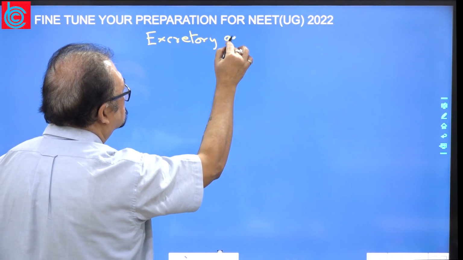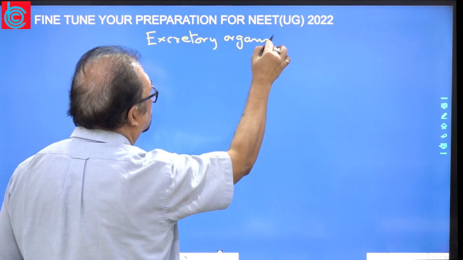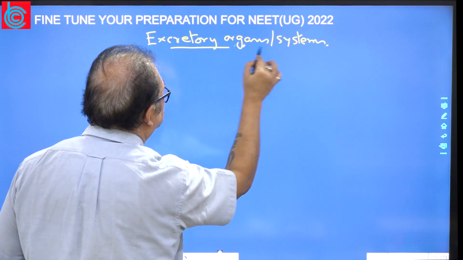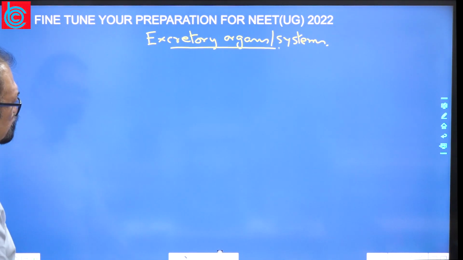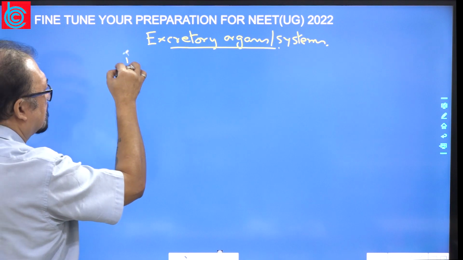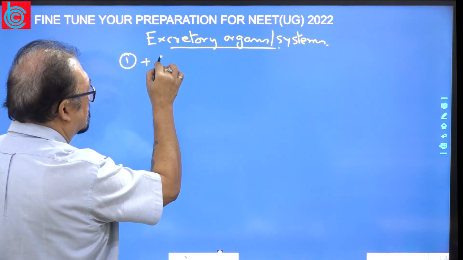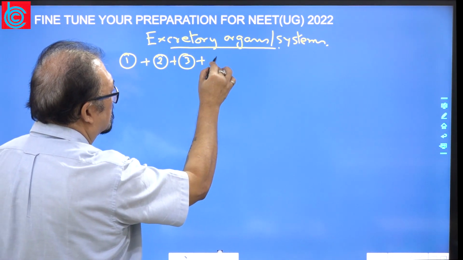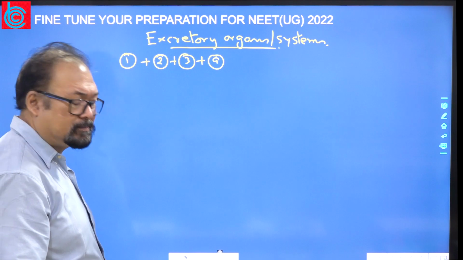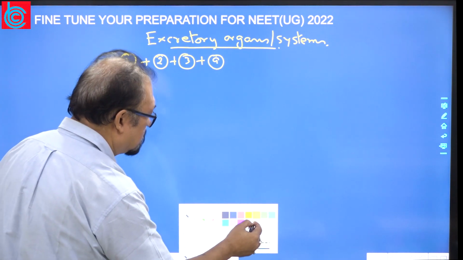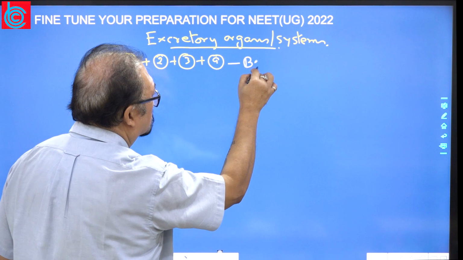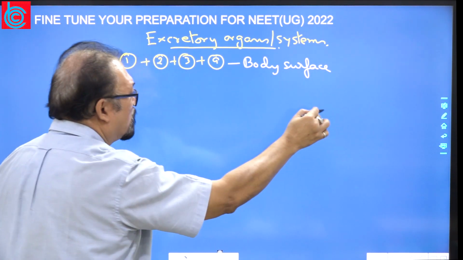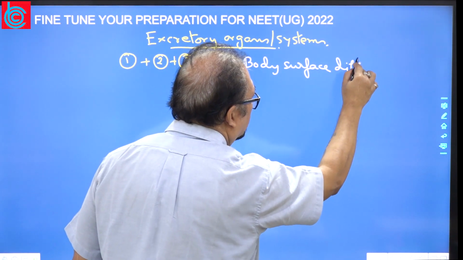Excretory organs or systems. Porifera, Cnidaria, Ctenophora, Echinodermata: body surface diffusion of ammonia.